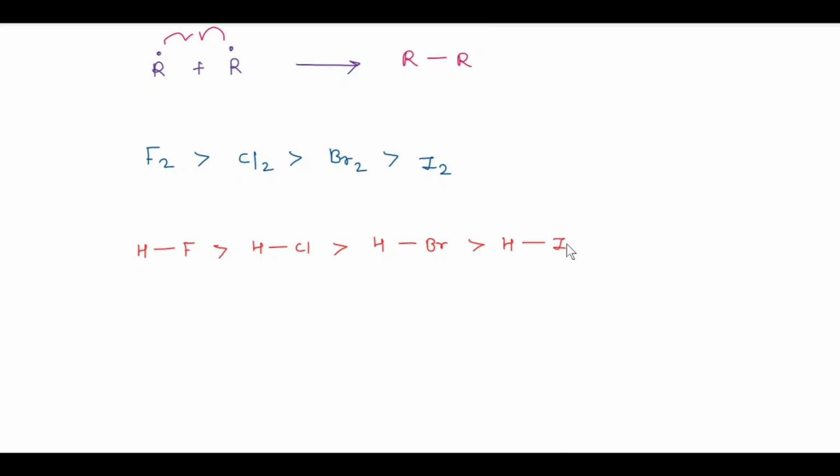This is because of the HX bond strength in the propagation step, where the alkane reacts with halogen and forms a new alkyl radical with HX as a byproduct.